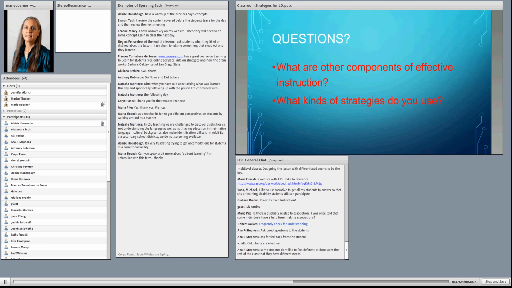And I agree that students don't like to feel different, and they don't want to be different from the rest of the class. A lot of times I try and talk to students about what's best for them and the difference between equity and equality, and what do you need to do well.